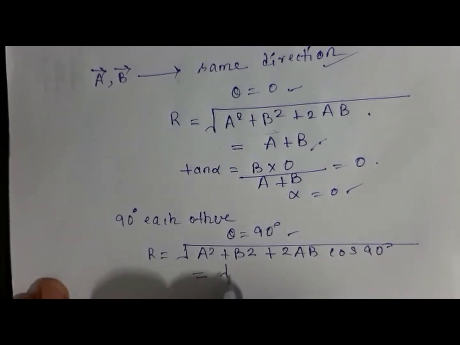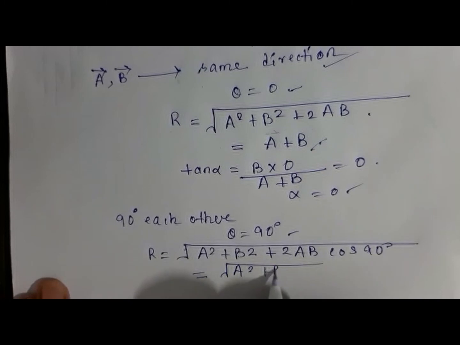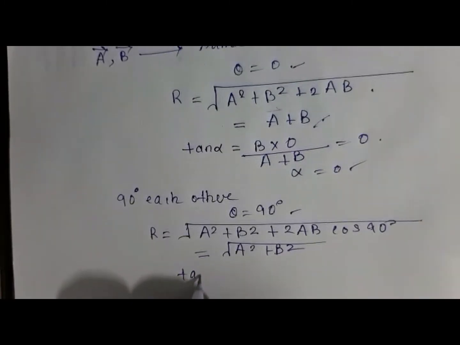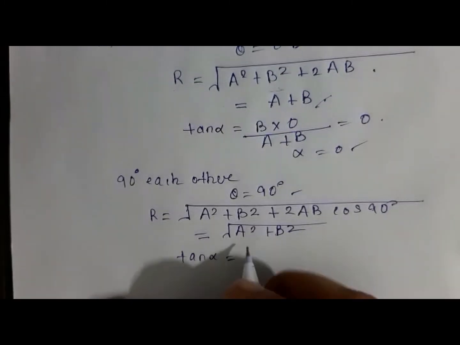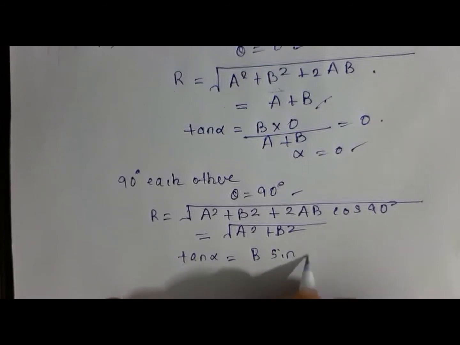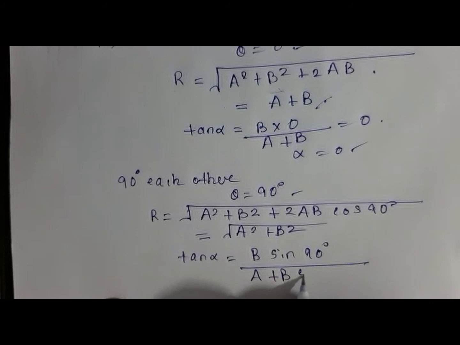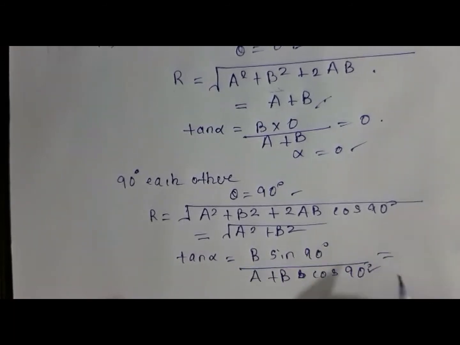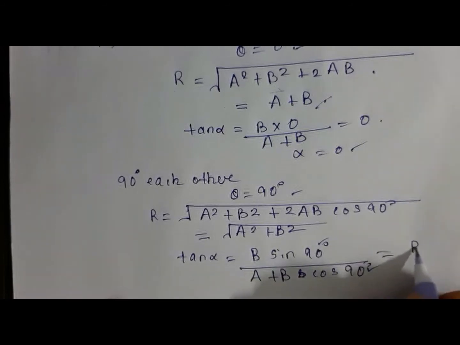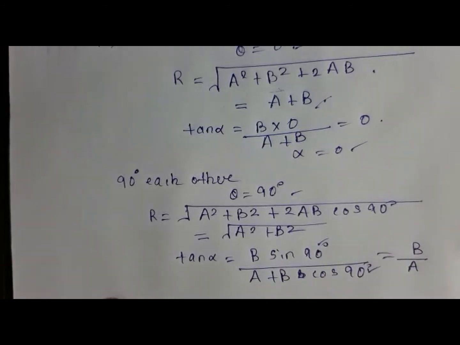It's 0. So it's going to be A square plus B square. And what about your tan alpha? B sin 90° by A plus B cos 90°. This is 1 and this is 0, so B by A.